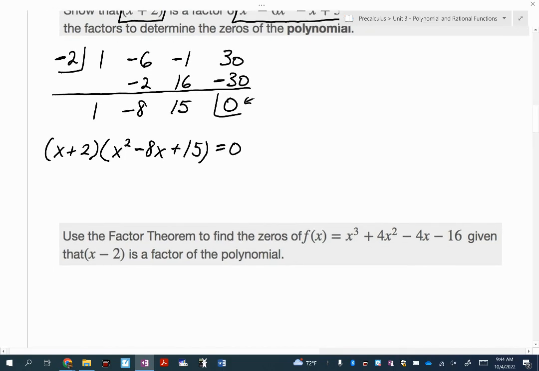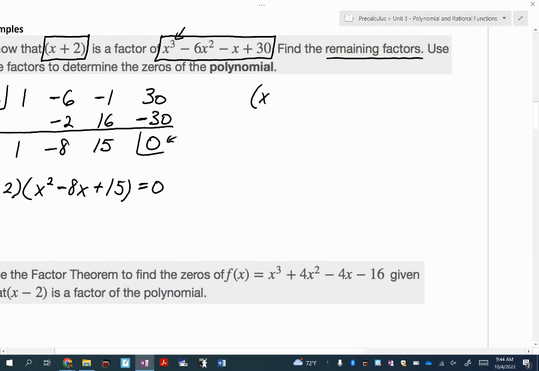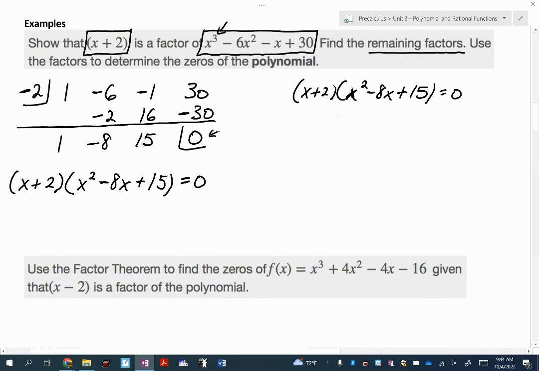All right, so if I keep going, I'll go over here. So x plus 2 times x squared minus 8x plus 15. All right, so let's see. Can I think of factors of 15 that add to negative 8? Yes, negative 5 and negative 3.